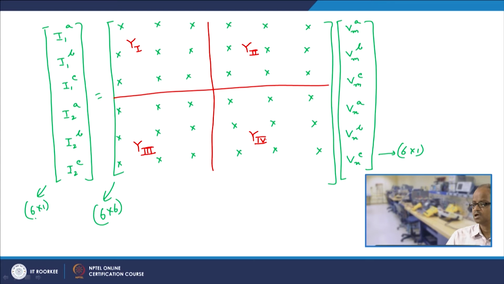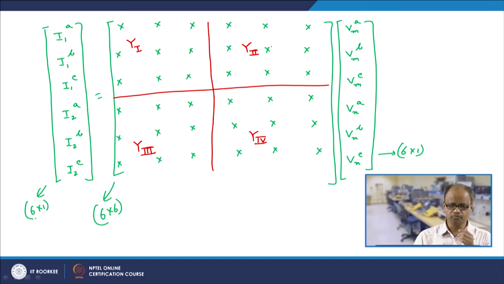Please note that these matrices y1, y2, y3, y4 are known for a particular type of connection. We will try to see in this lecture if we can give 1 or 2 examples of what would be the matrices for one particular type of transformer connection.